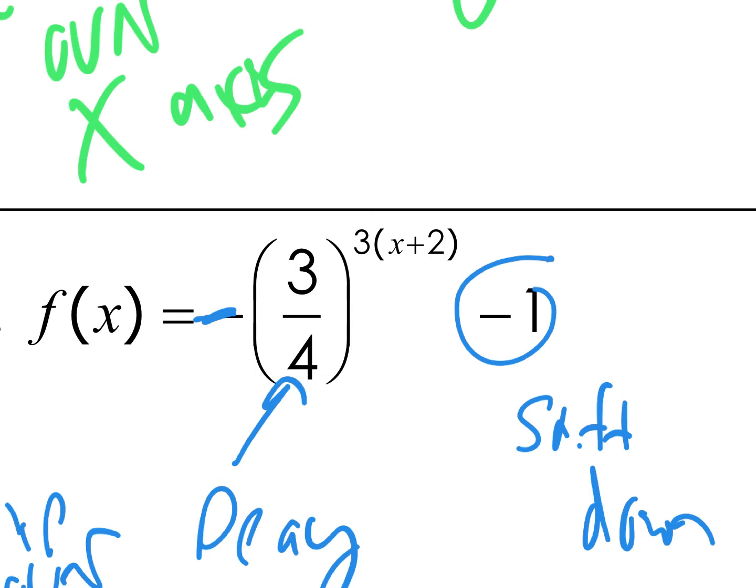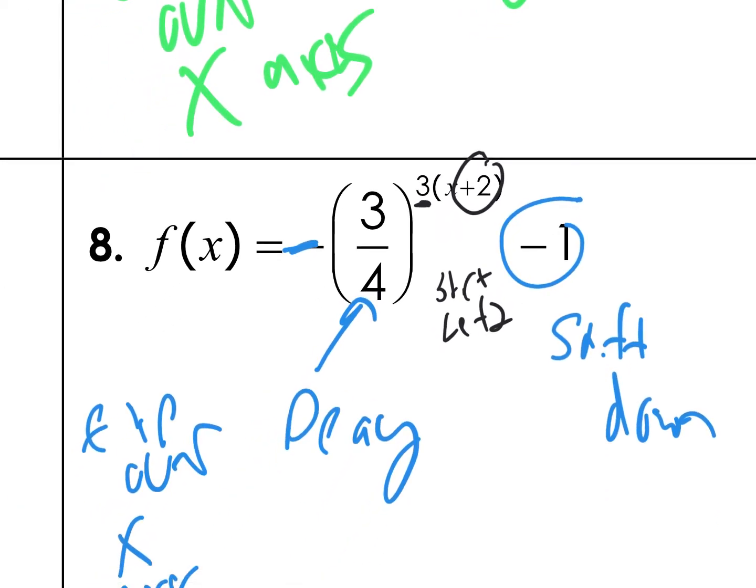I think I distributed the negative before. The 3 is pulled out for a reason. It's going to shift left 2. Oh boy. Okay, so anything else I missed? Oh, the 3 itself means a horizontal compression because it's bigger than 1.